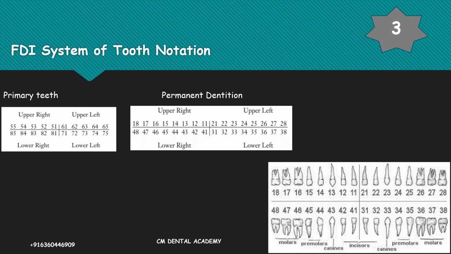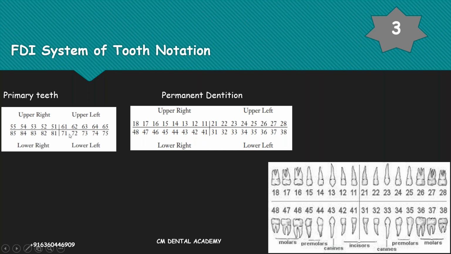So the fifth quadrant is the right upper one, and the left upper quadrant is the sixth quadrant. The left lower quadrant is the seventh, and the right lower is the eighth quadrant. The second digit signifies the number of the tooth. So 1 is the central incisor, 2 the lateral incisor, 3 the canine, 4 the first molar, and 5 the second molar.